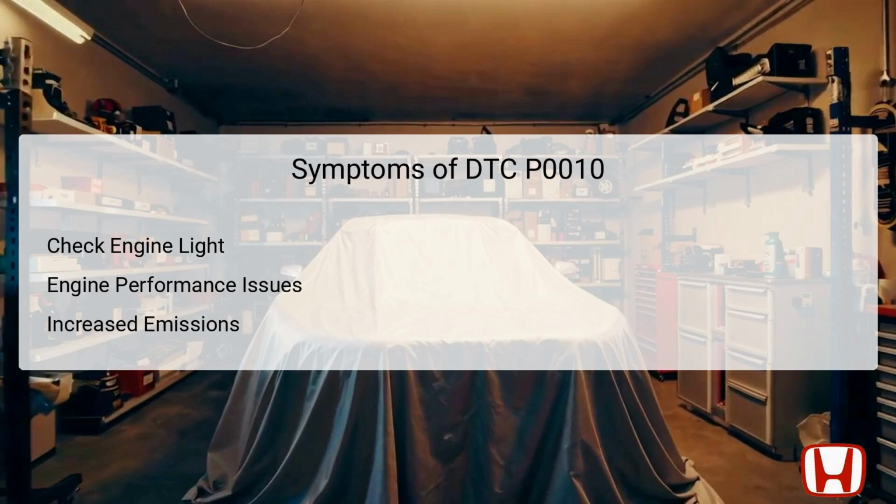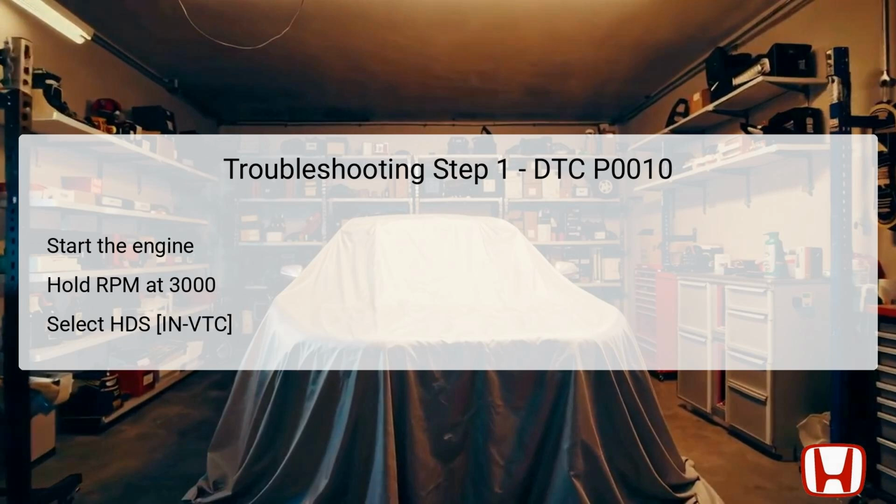Each of these symptoms is critical to observe, as they guide technicians towards the underlying issue, thereby influencing the troubleshooting and repair process. The first step in troubleshooting DTC P0010 begins with starting the engine and holding the engine speed at 3,000 RPM without load. This test allows the engine to enter a working condition where the VTC oil control solenoid should be operational. It is crucial to hold the RPM steady until the radiator fan activates, indicating that the engine has reached sufficient temperature for diagnostics.